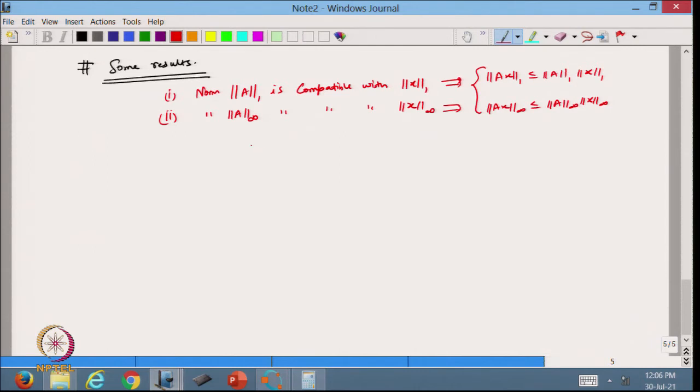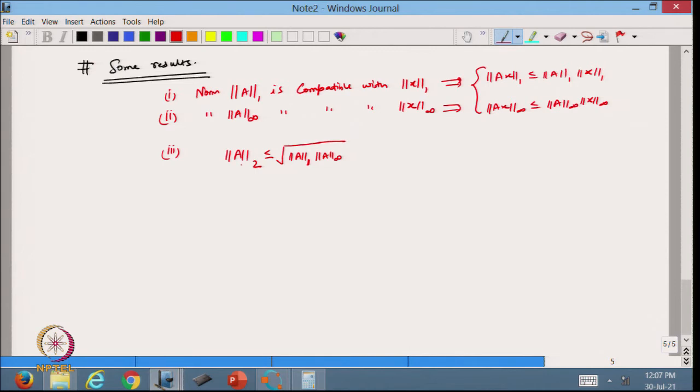After doing this one more thing we want to discuss is the third property, that if you take the 2 norm of any matrix A, that is always less than or equal to the square root of the one norm multiplied by the infinity norm, because we have seen that the one norm was the biggest one, the 2 norm was in between, and infinity was the smallest one in that case.